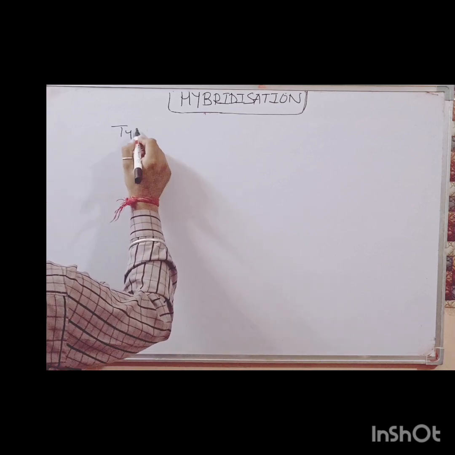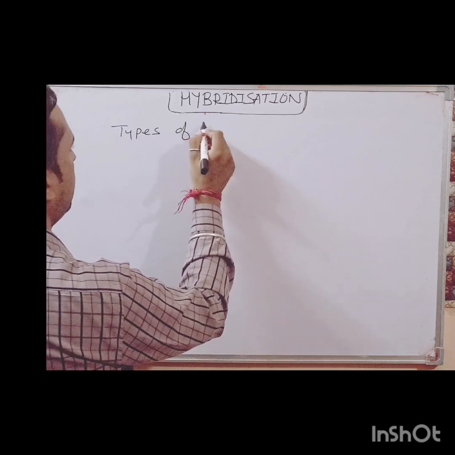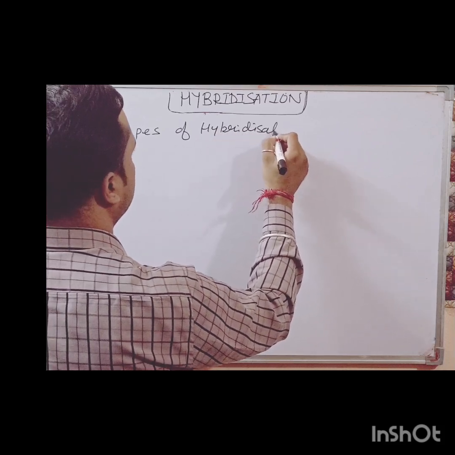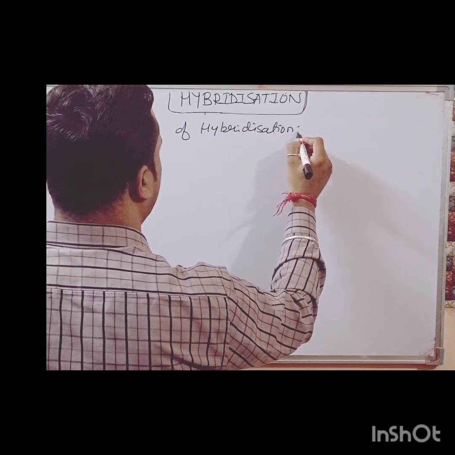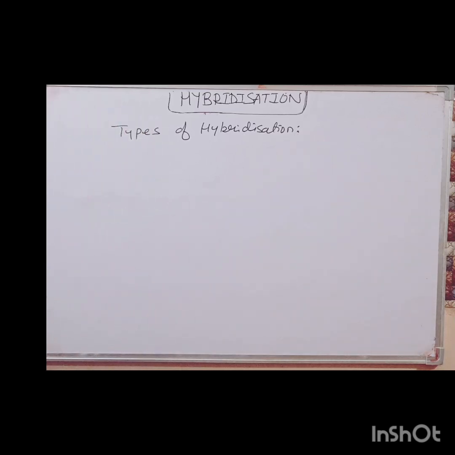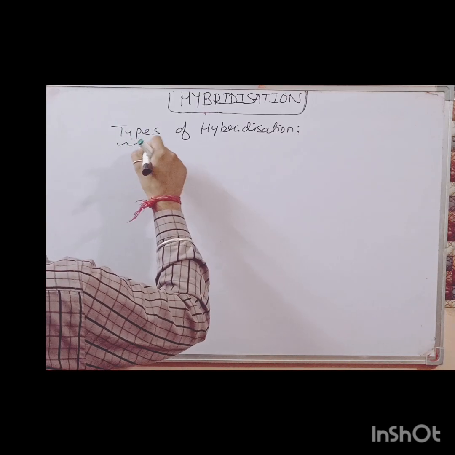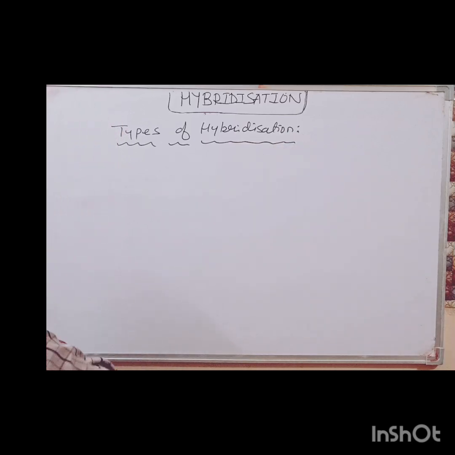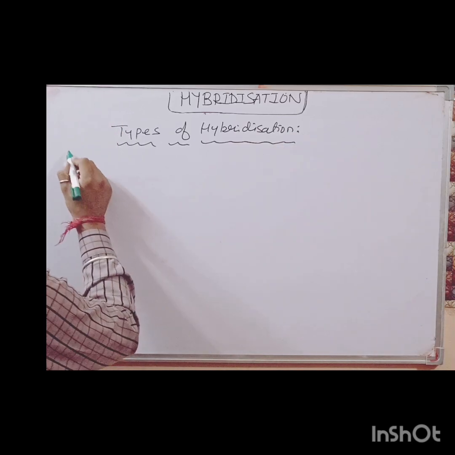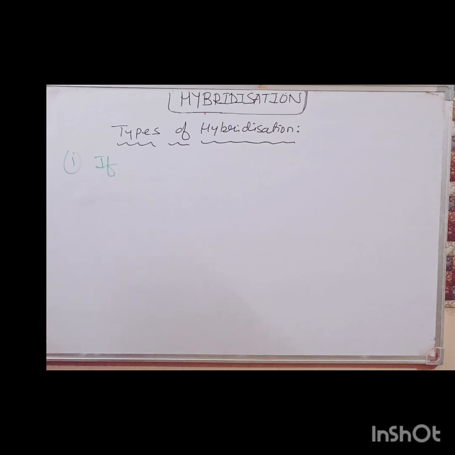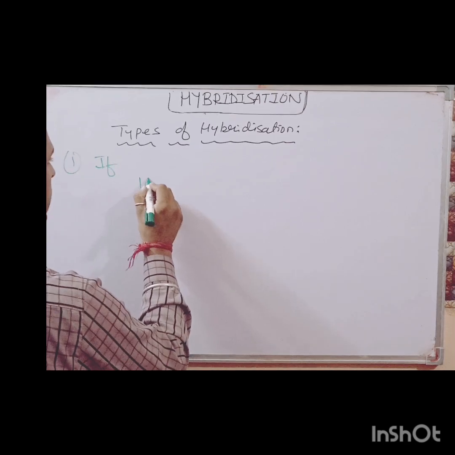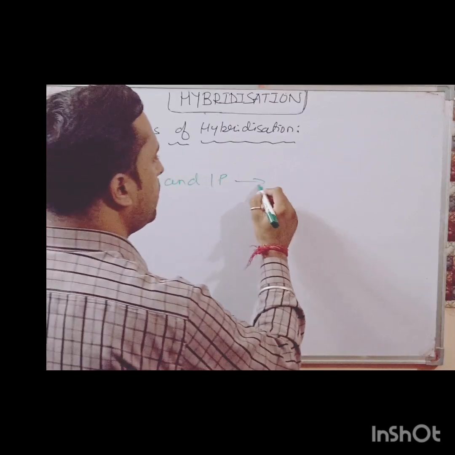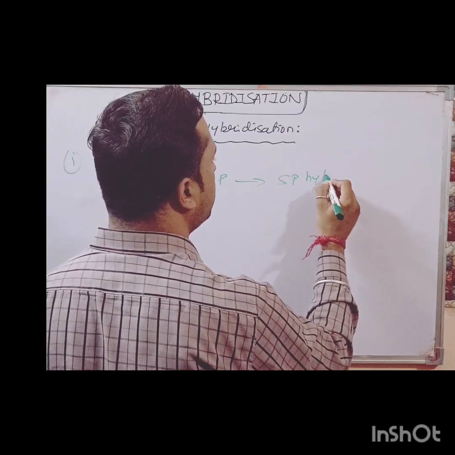Types of hybridization. If one s and one p orbital combine, they form sp hybrid.